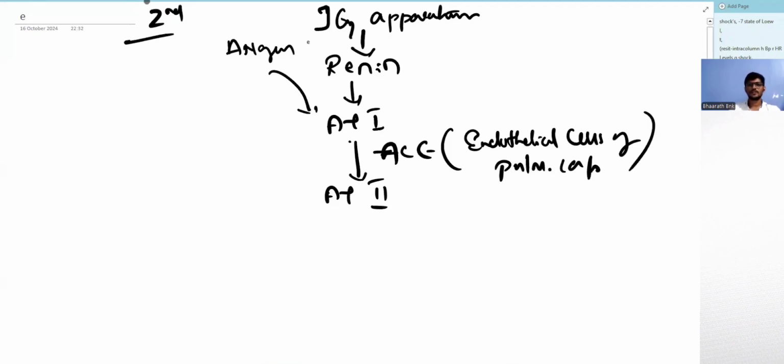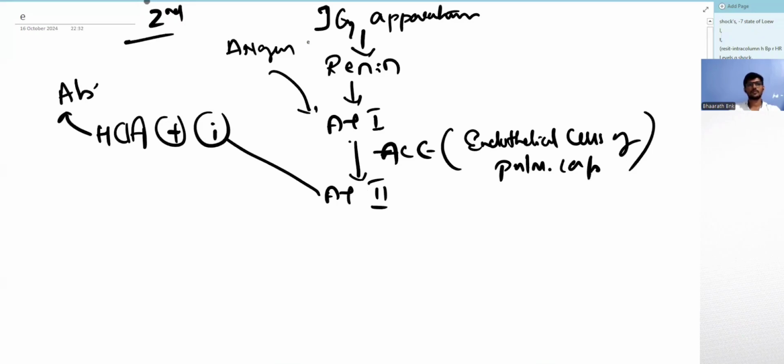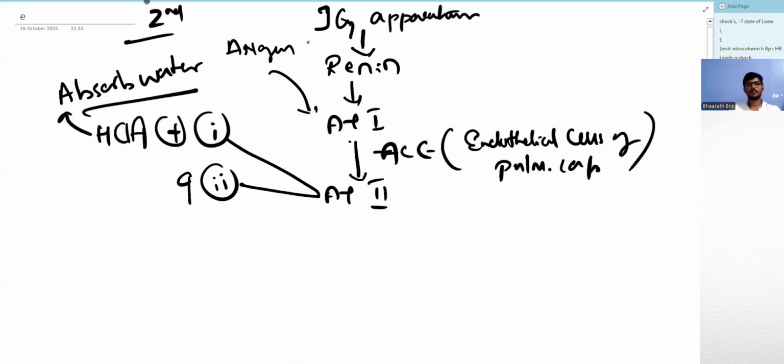Now this angiotensin 2, first, stimulates ADH secretion so that it will absorb water. Right. Second, angiotensin 2 itself is a powerful vasoconstrictor.